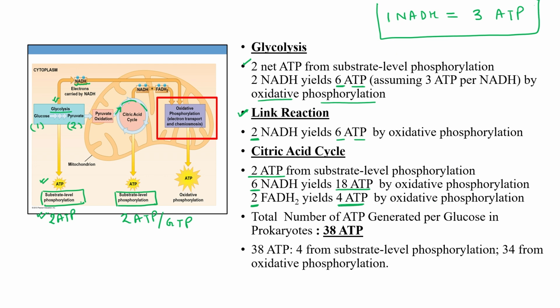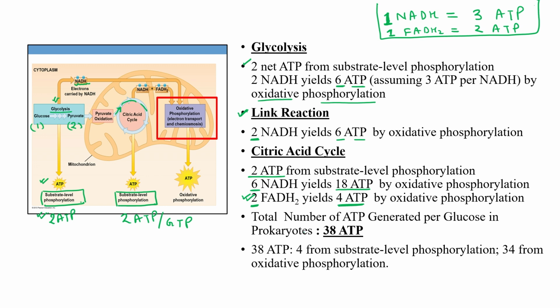As I told you, 1 molecule of NADH is equal to 3 molecules of ATP. Similarly, 1 molecule of FADH2 is equal to 2 molecules of ATP. That's why 1 molecule gives us 2 molecules, so 2 molecules give us 4 ATP molecules.